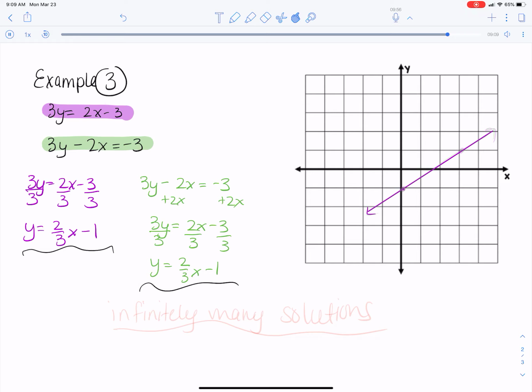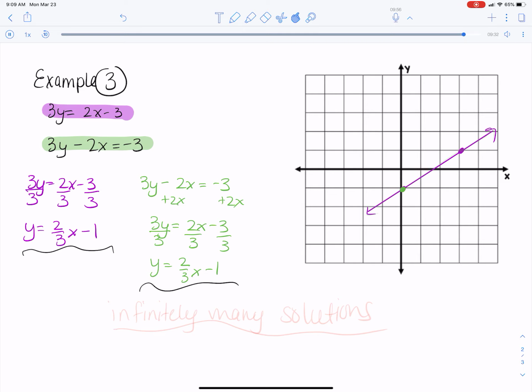So I'm going to graph them both just to see. We start at our y-intercept, which is negative 1. Our slope is 2/3, so we go up 1, 2, right 1, 2, 3. And then I'm going to draw my line. Now I'm going to do the same thing with the second one. My y-intercept is the same at negative 1.